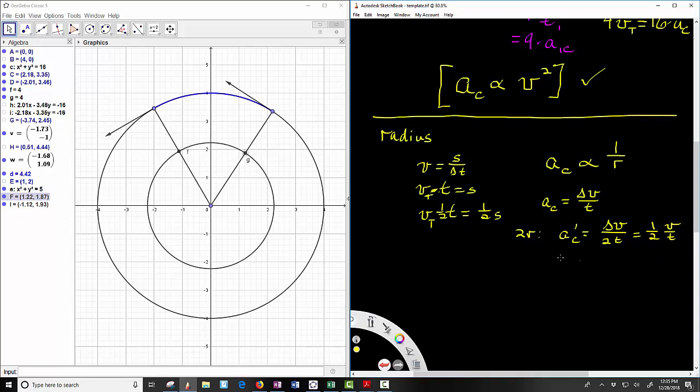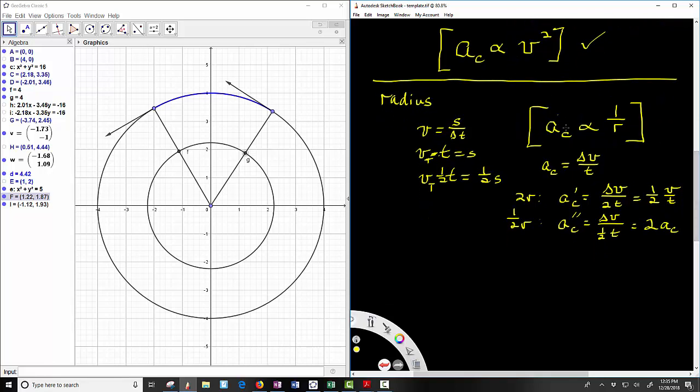That would be like our new one. If I go to 1/2 r, then my new acceleration would be the same change in velocity, because we're keeping the velocity the same, but 1/2 of the time, which would be twice the centripetal acceleration. So as the radius goes down, the acceleration goes up, and vice versa. So we end up with this. Acceleration is proportional to the inverse of the radius.